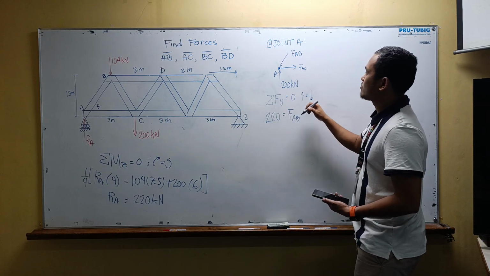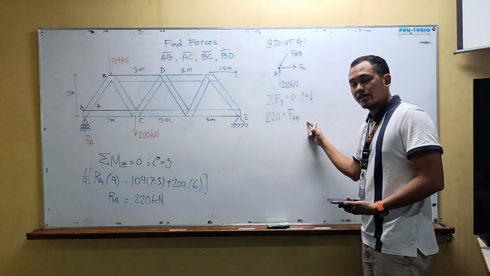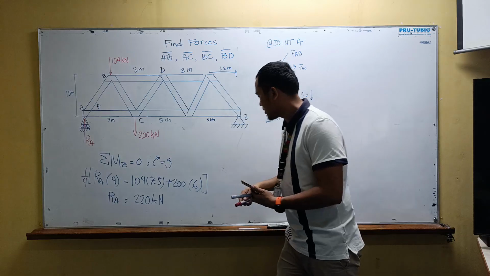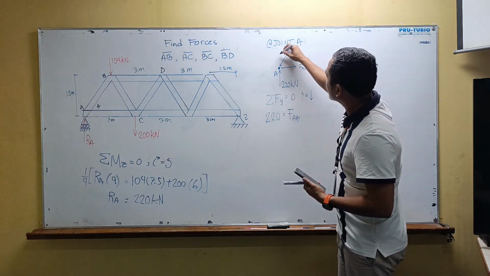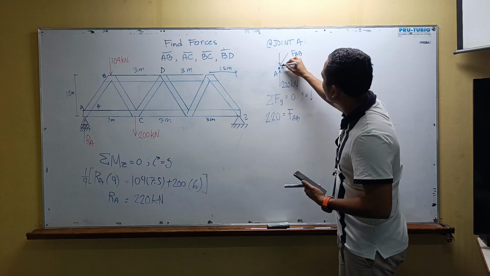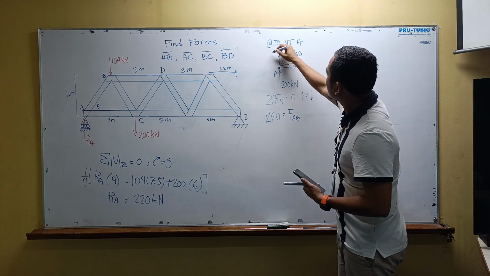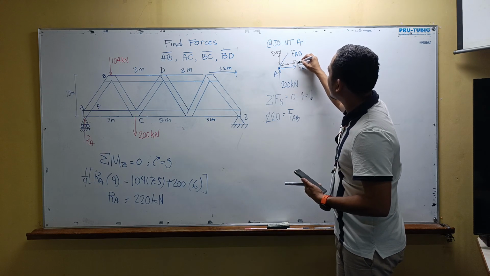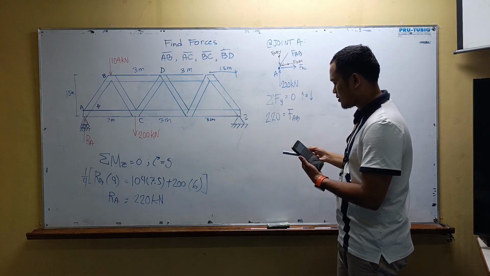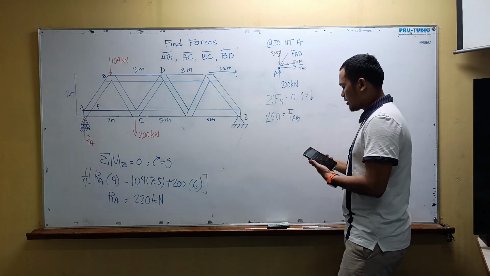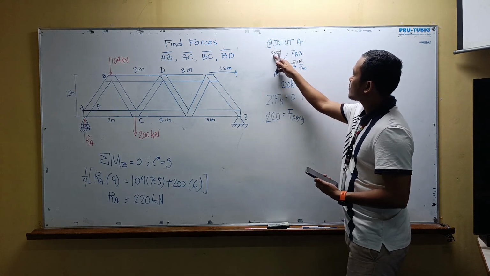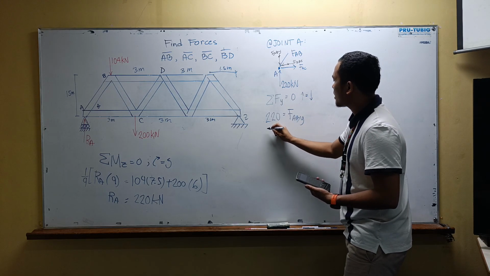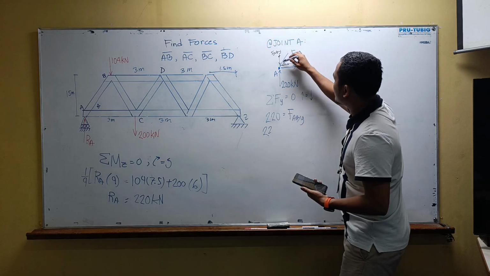FAB. Wait, we cannot just put FAB because it is diagonal. It has component forces. It has this component force and that component force: FABY and FABX. So FABY, and then we need to get the angle of this.